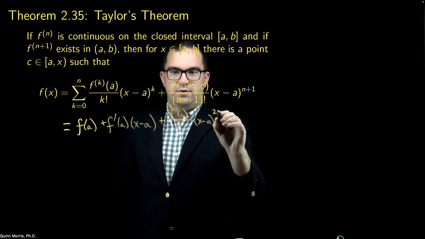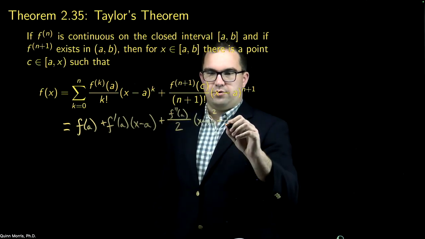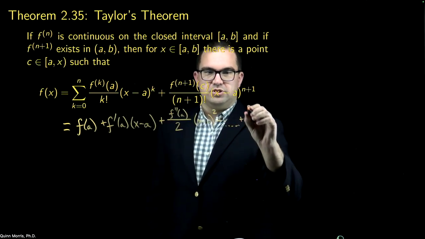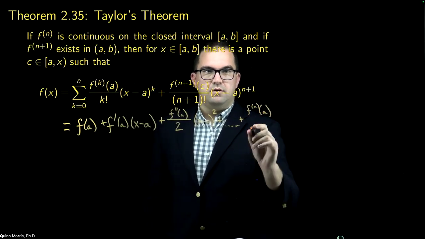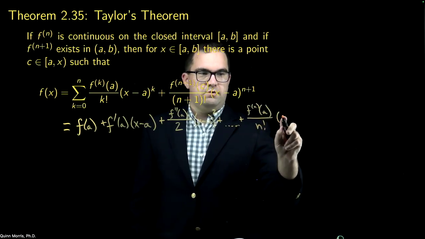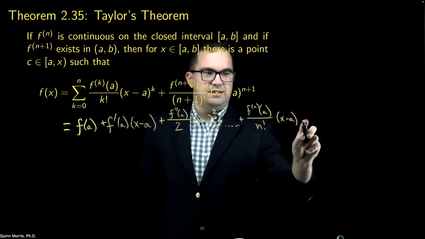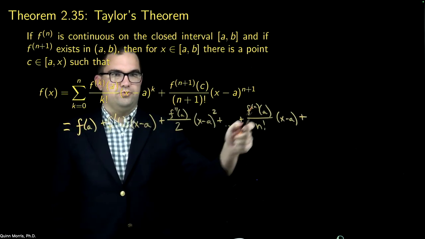times (x minus a) squared, plus, and then if I continue up until the nth term, the nth term would just be the nth derivative of f at a divided by n factorial times (x minus a) to the n. And then at the end, we get this term.